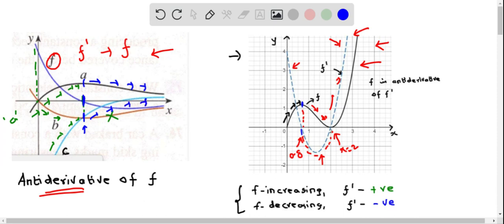So clearly it is only the graph of A. Only the graph of A is the antiderivative of f. In fact, if we assume the graph given as f prime, the graph given in A is basically the graph of the original function. So the graph of A is the antiderivative of f.